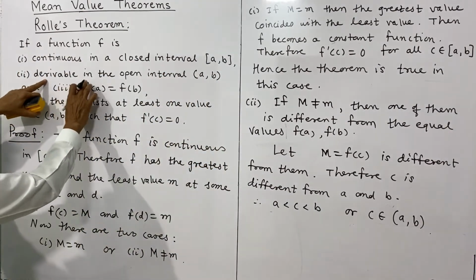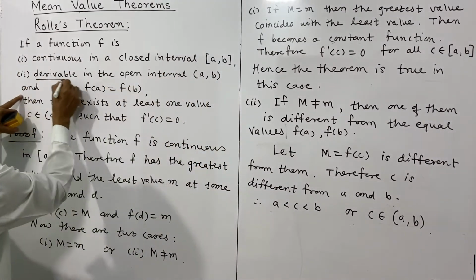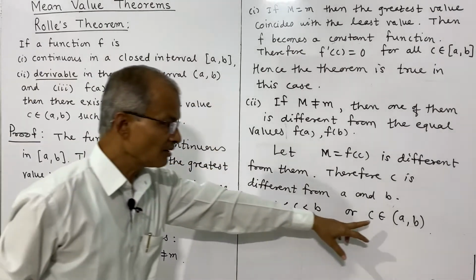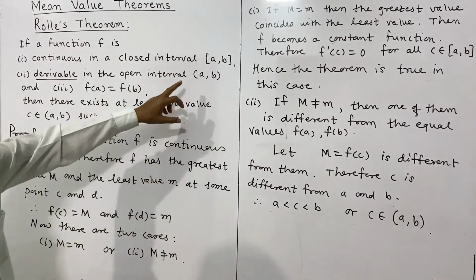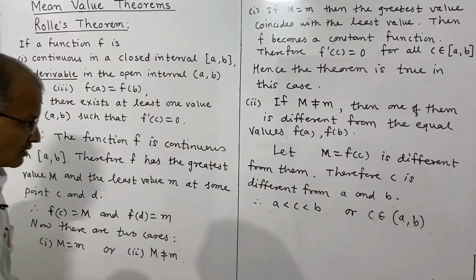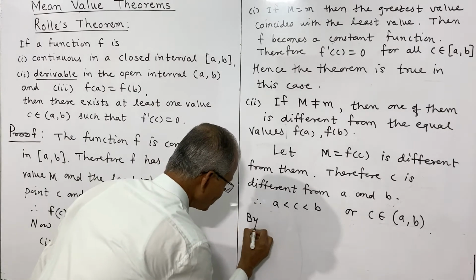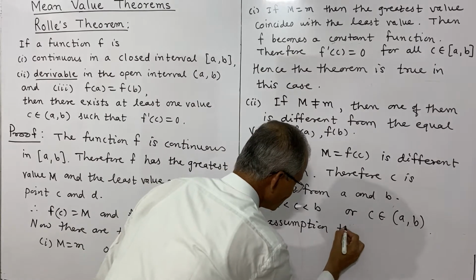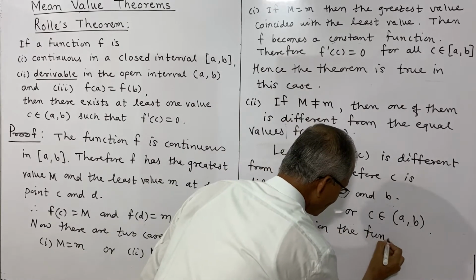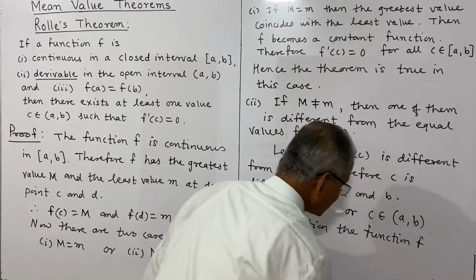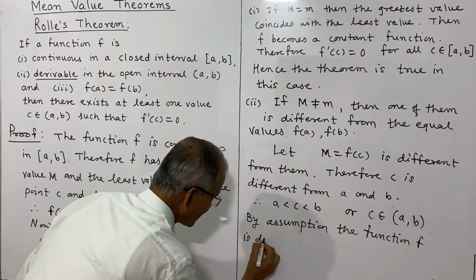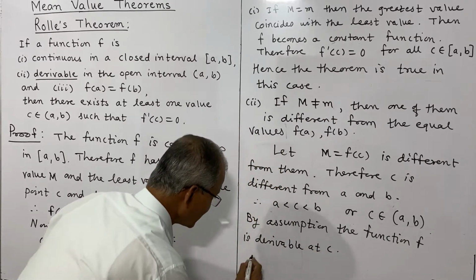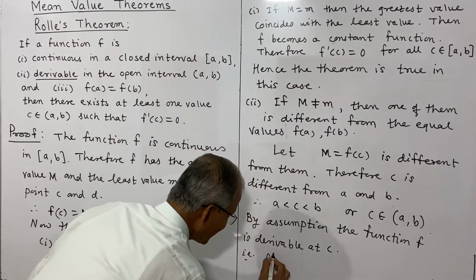And what is the second condition? The function is derivable in the open interval a comma b, and c is in the open interval a comma b, means the function is derivable at c. So by assumption, the function f is derivable at c, or that is f dash of c.